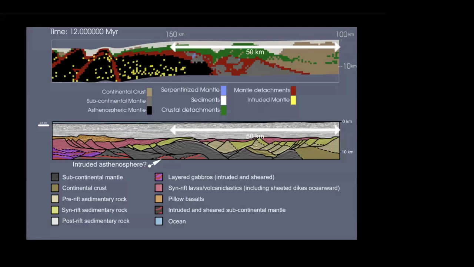And what you get are the same oceanward dipping detachment faults through the continent, this doming of the mantle where these two detachment fault systems intersect, and then you have increasing magmatism and a more symmetric high temperature detachment fault system as you move out towards the oceanic crust. So that's really, really exciting.